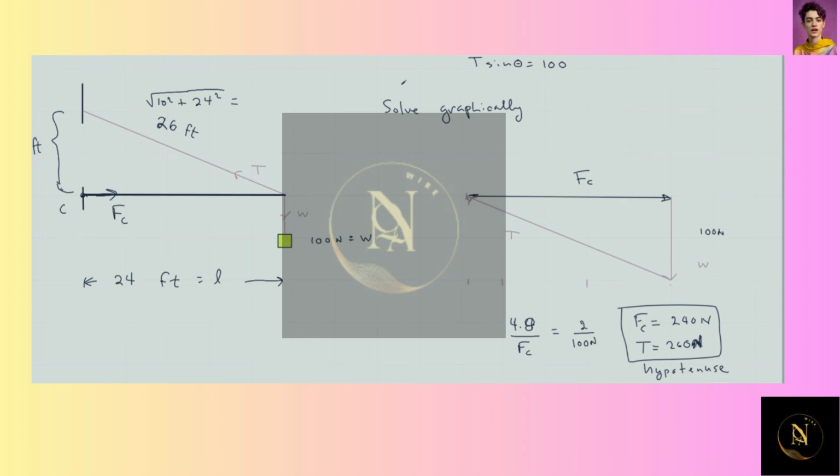Now, graphically, there's a couple ways to do this, but basically what we see is not graphically, but from the triangle. So the triangle that we're going to focus on is, of course, the main triangle with the bottom along the strut. I'll just kind of show it schematically.